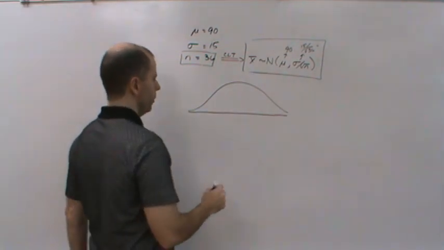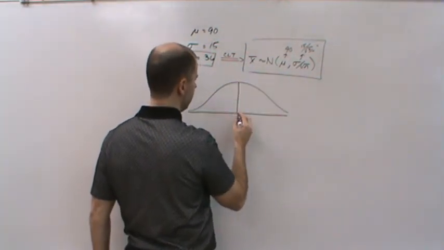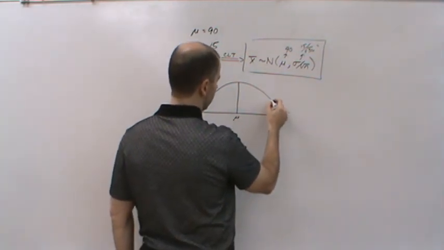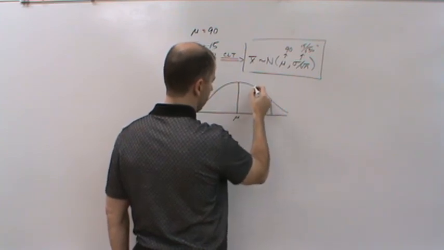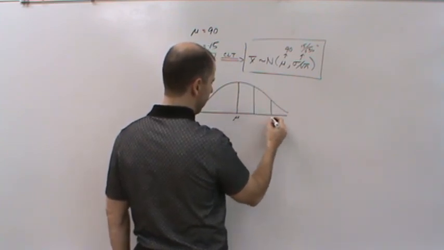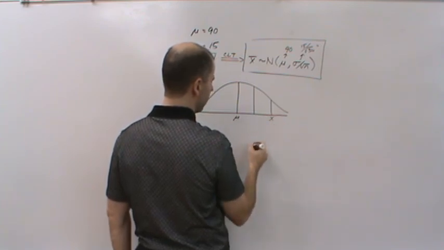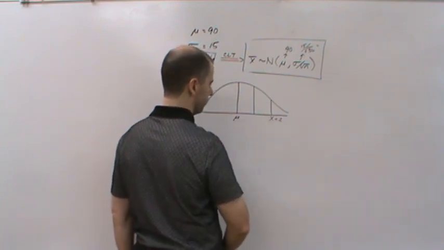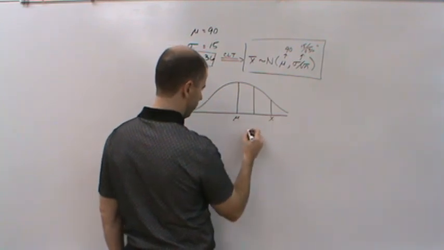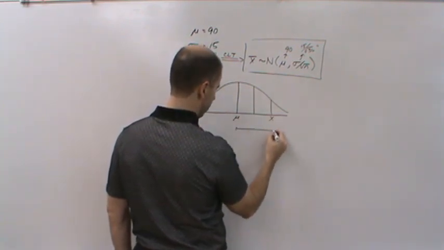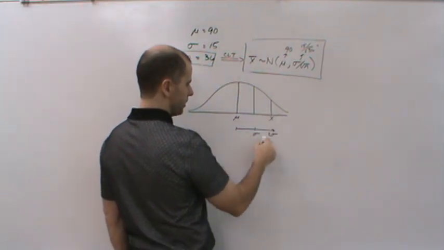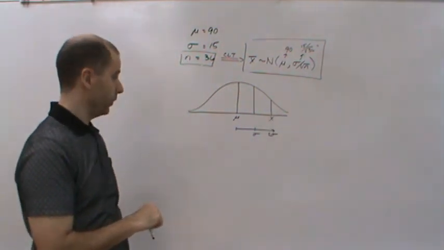So here's the distribution, right? So here's the mean, right? And we want this x value. That's 2 standard deviations above the mean. That's what they want.